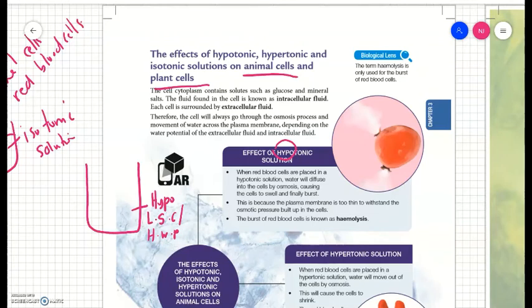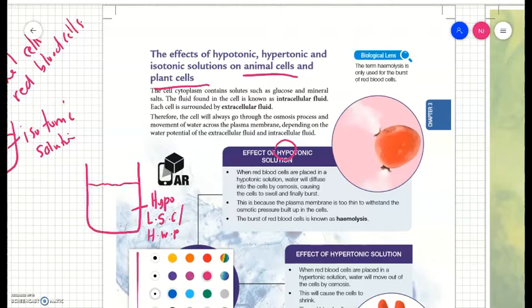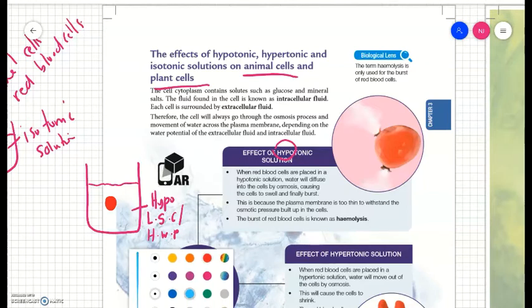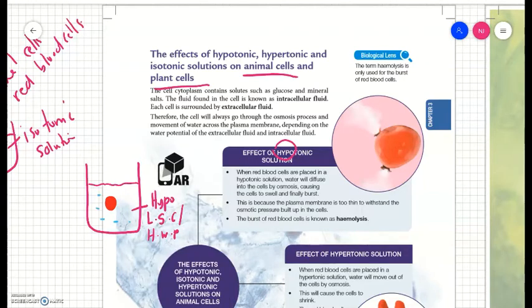Okay, and then we put in red blood cell. Okay, and then di luar ni ada water. Cikgu kasih banyak dia punya water molecule supaya you have the idea it has a high water potential. Okay, before that, let's look at this term, intracellular fluid, extracellular fluid.